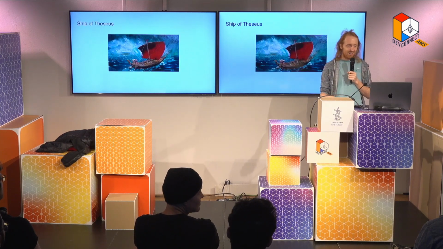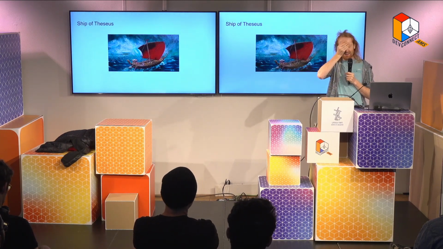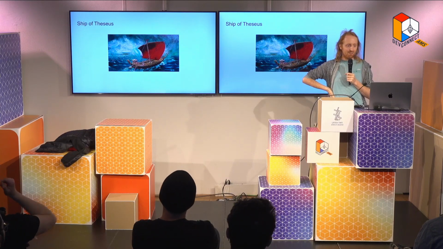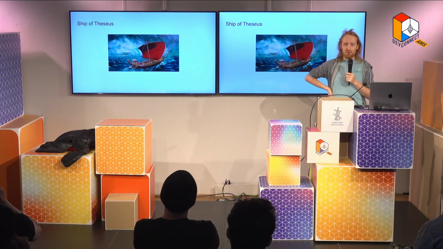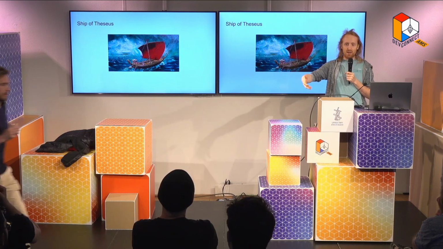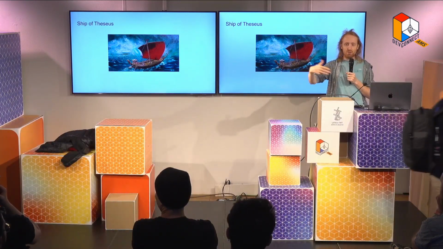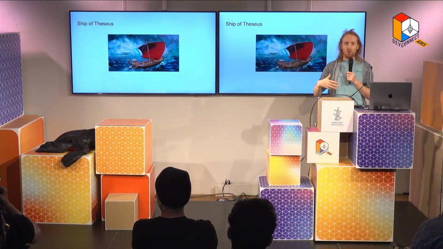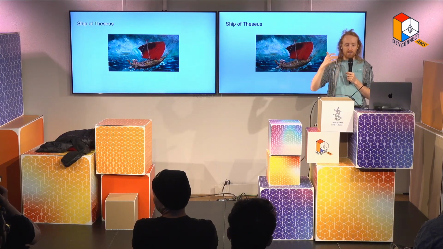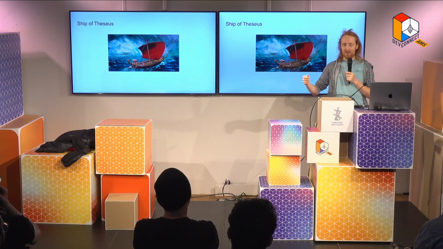Okay. So there's this kind of philosophical problem called the ship of Theseus, where a person has a ship, and every year they do some repairs on it. They go to the ship and say, I'm going to fix the mast. They take the mast away, put a new one there, and throw the old mast on the beach.